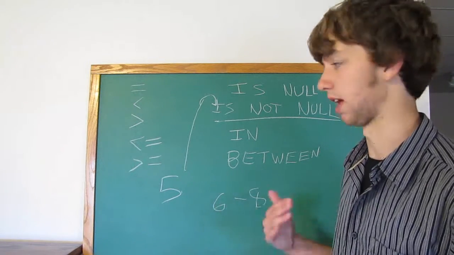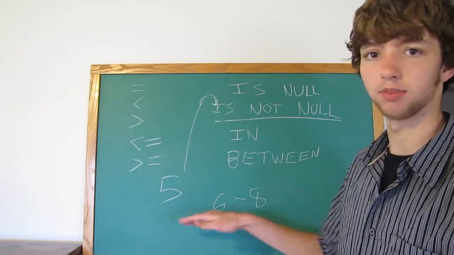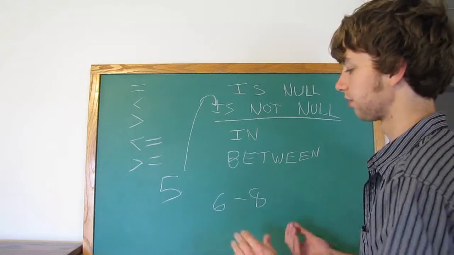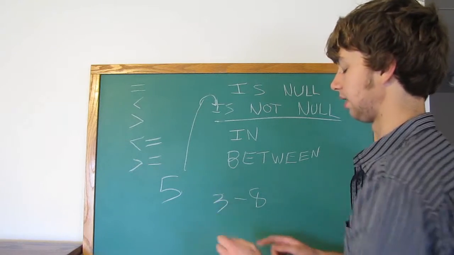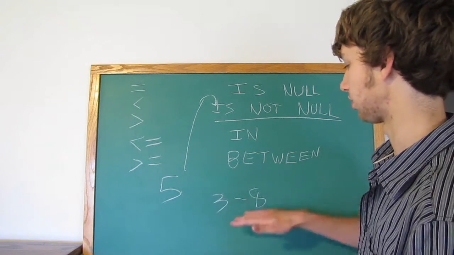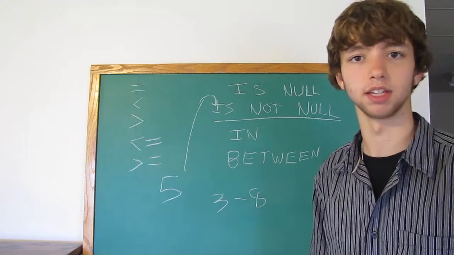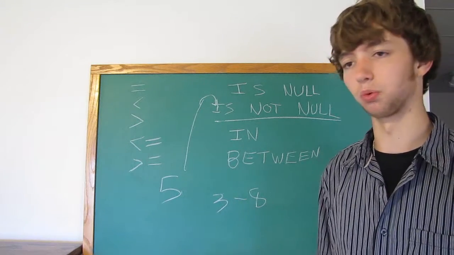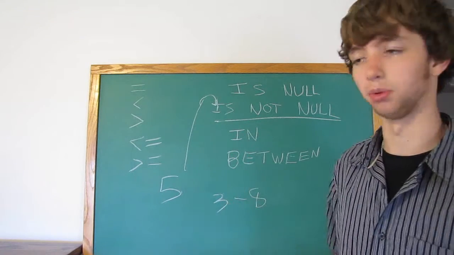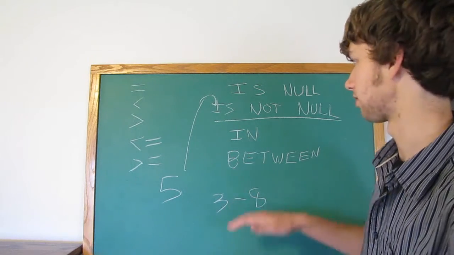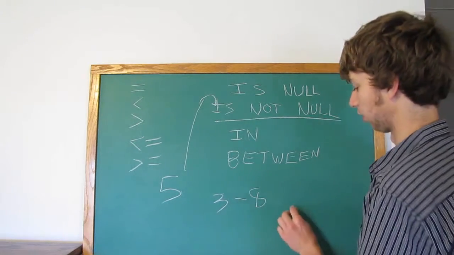No, that would be false, because 5 comes before 6. So in order for this to work, you could ask, is 5 between 3 and 8. And you can also add the word not, so not between, you get the point.